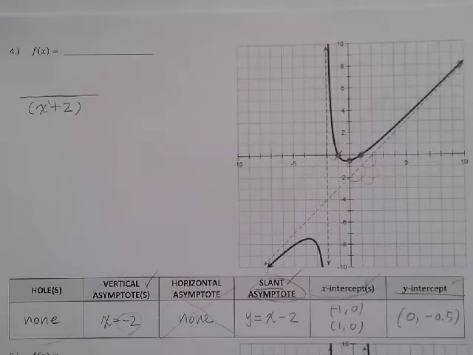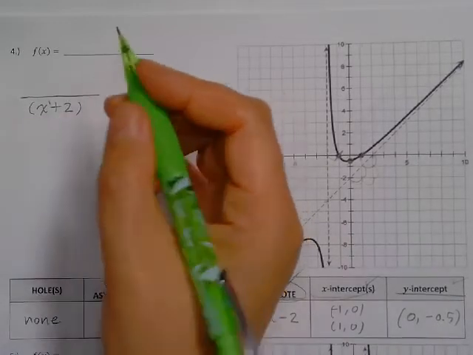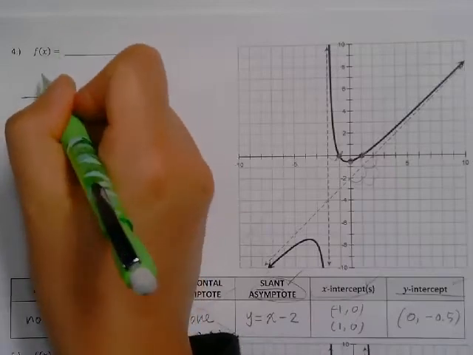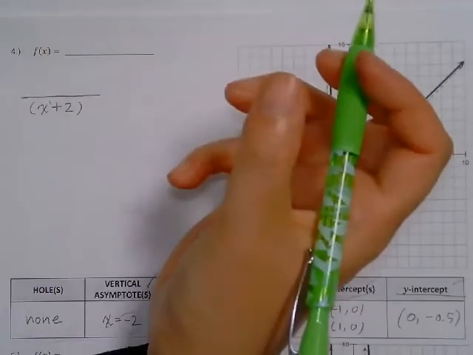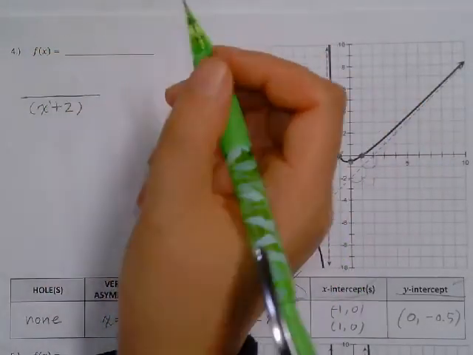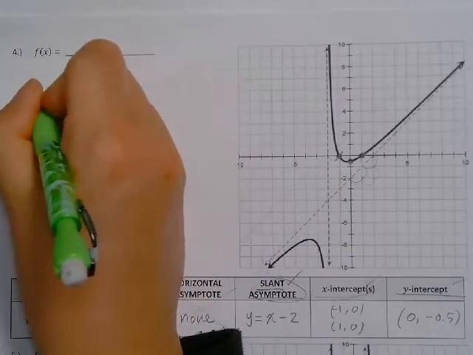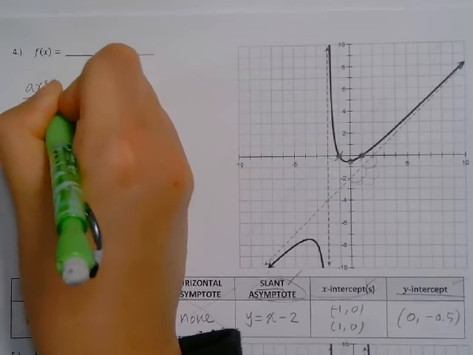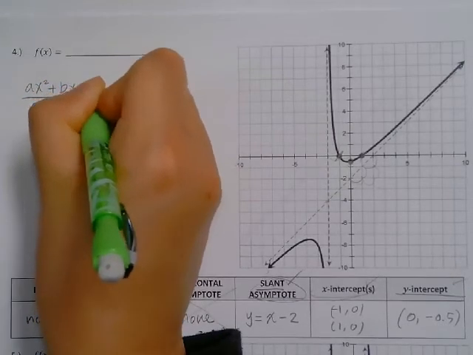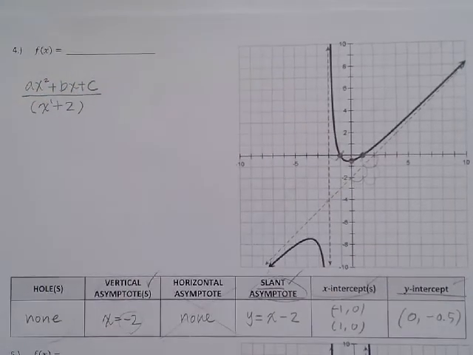So I am supposed to have degree 2 on top. Then I know for sure the top has to be a quadratic expression, so I can have the form ax squared plus bx plus c there.